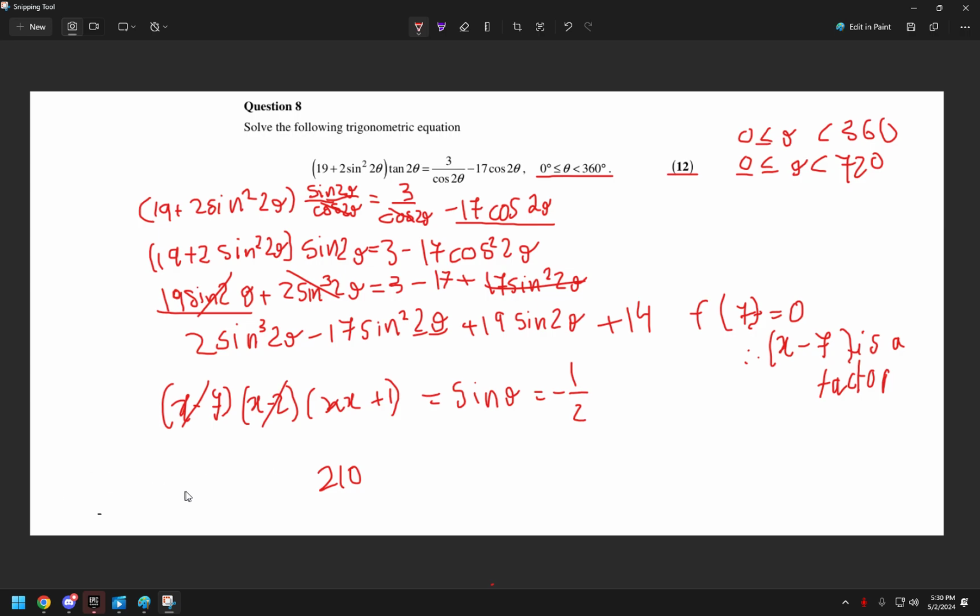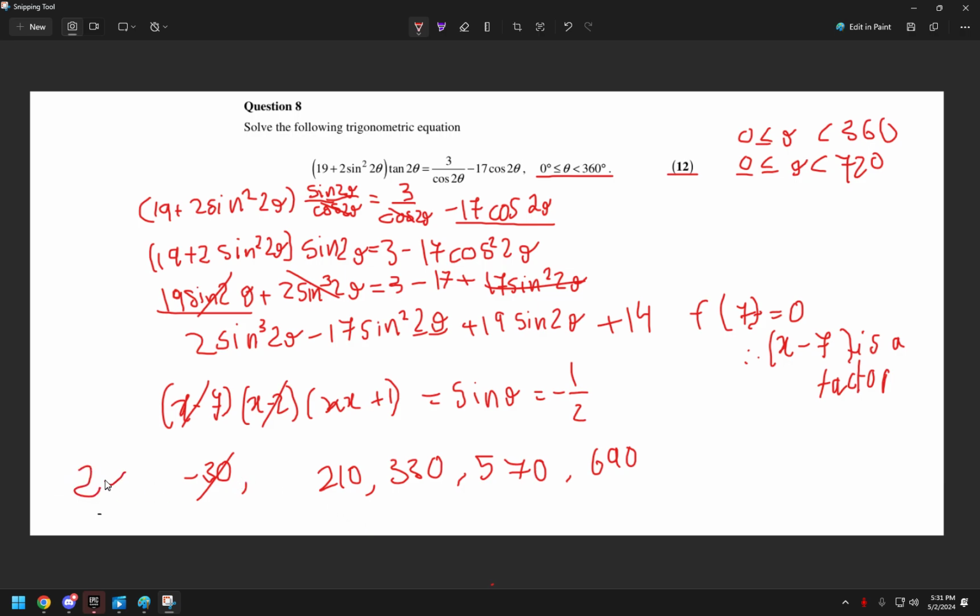Remember, we still had the minus 30, but it doesn't count in the range, so we don't do that. Minus 30 plus 360 would be 330. 330 plus 360 is 690, that goes in the range as well. But then we also have 210 plus 360. Remember, after subtracting 180 from your first value, you just continue adding or subtracting 360.